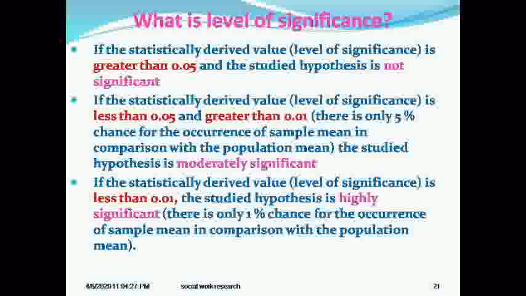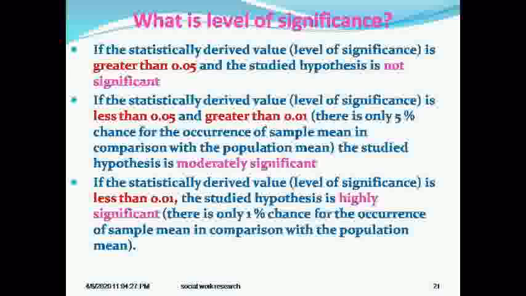There are very complicated mathematical formulas which we need not study now, because we have this easy software SPSS, with the help of which we can calculate the t-test and chi-square value. Once we apply this test, we are going to get some value. We should know how to interpret this value.